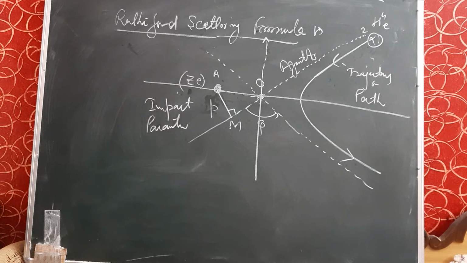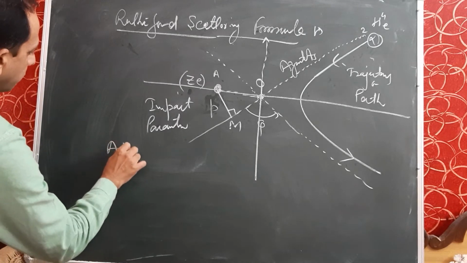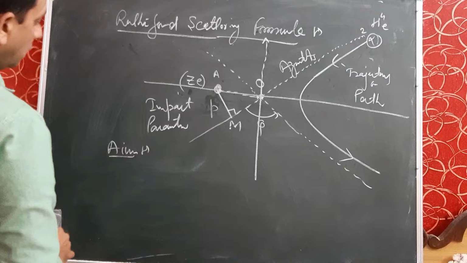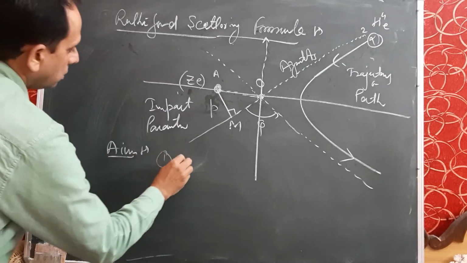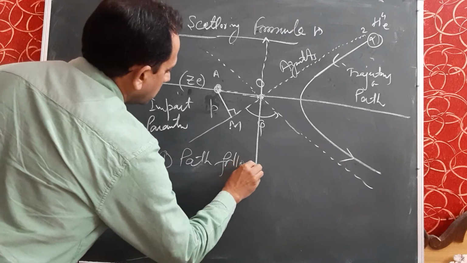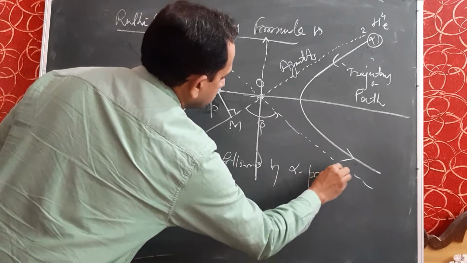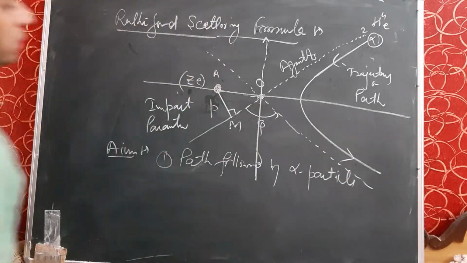Now, what are our aims in this article? First, we have to find the path followed by the alpha particle during interaction.